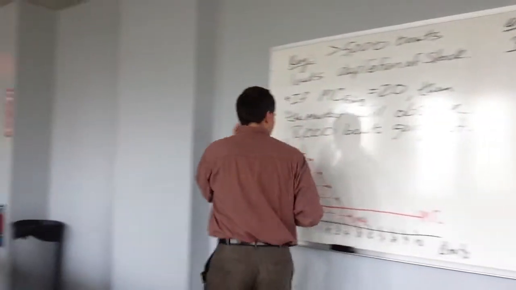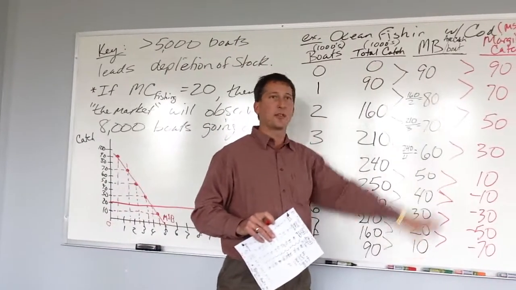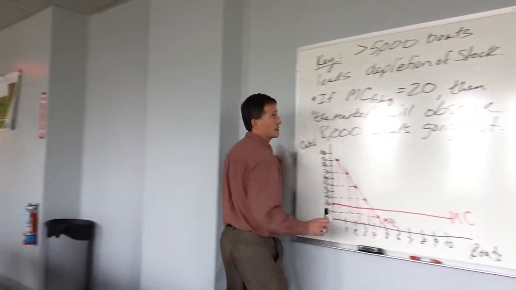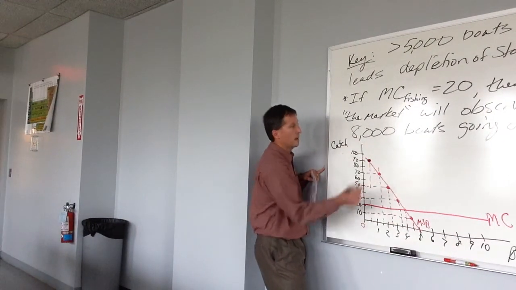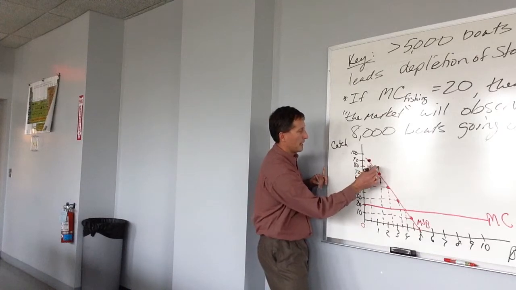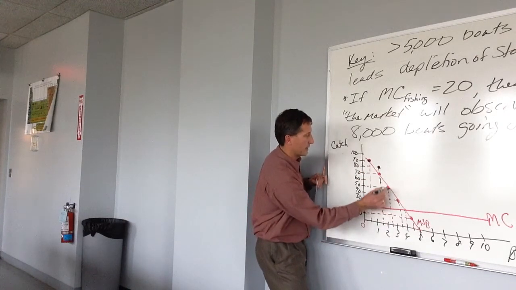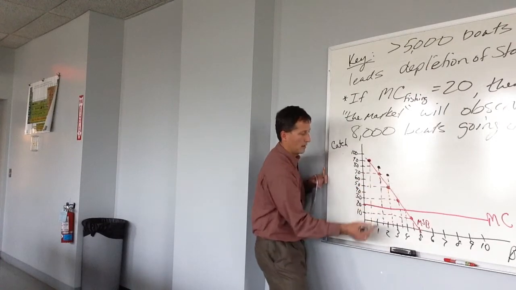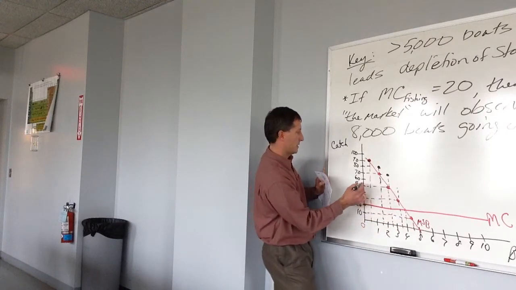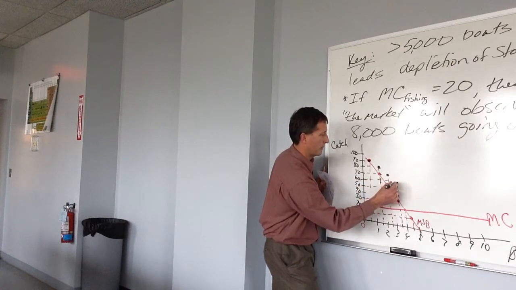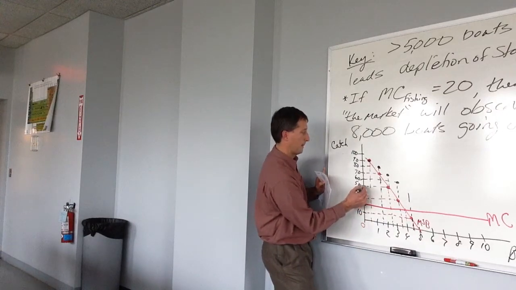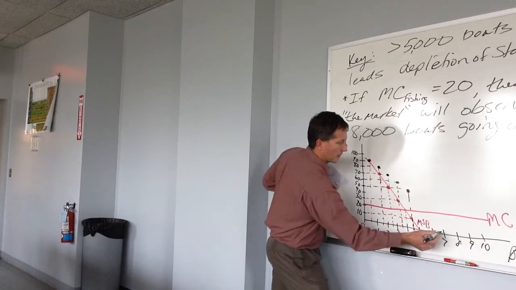All right, but the private costs look different than that. If you're just the average fisherman going out, you're charting along on a different route. So the first set of people we had at 90, but the second set was at 80. So here we'd go up to 80, and then we went to 70, and then we went up to 60, and we kind of kept following this path all the way down. 50, and we know where we're going is down here.